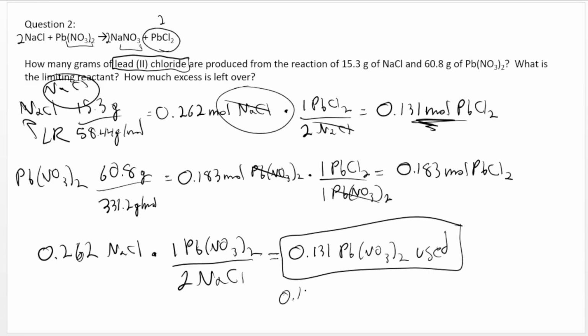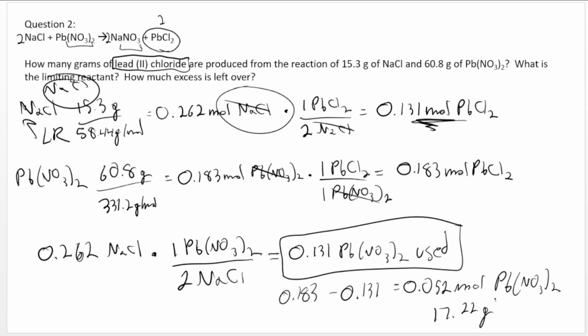So 0.183 minus 0.131 equals 0.052 moles of that reactant, Pb(NO3)2, and that number in grams would be 0.052 times the molar mass of Pb(NO3)2, which is 331.2, and that would be 17.22 grams. So that's how much the excess is.